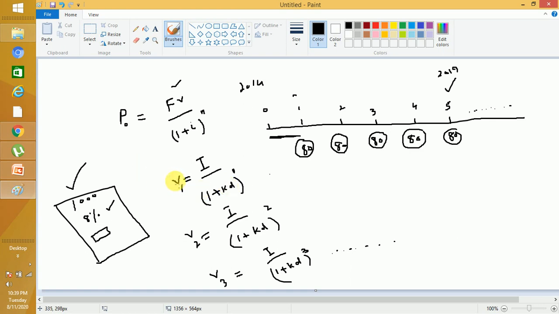But we need one value. We need the value of the whole bond. These are basically individual values of these yearly payments.